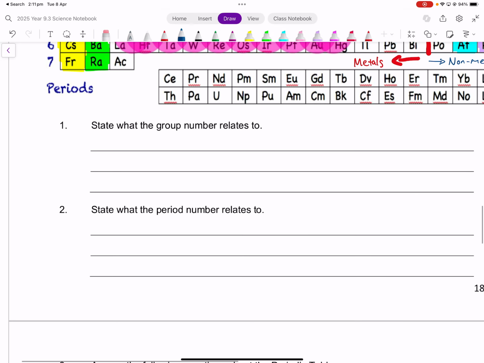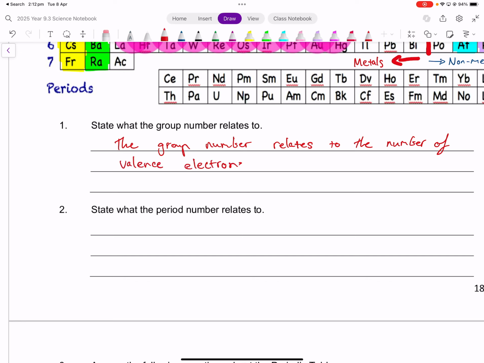Okay. So, state what the group number relates to. Your first question here, well, the group number relates to the number of valence electrons. So let's write that together. The group number relates to the number of valence electrons.